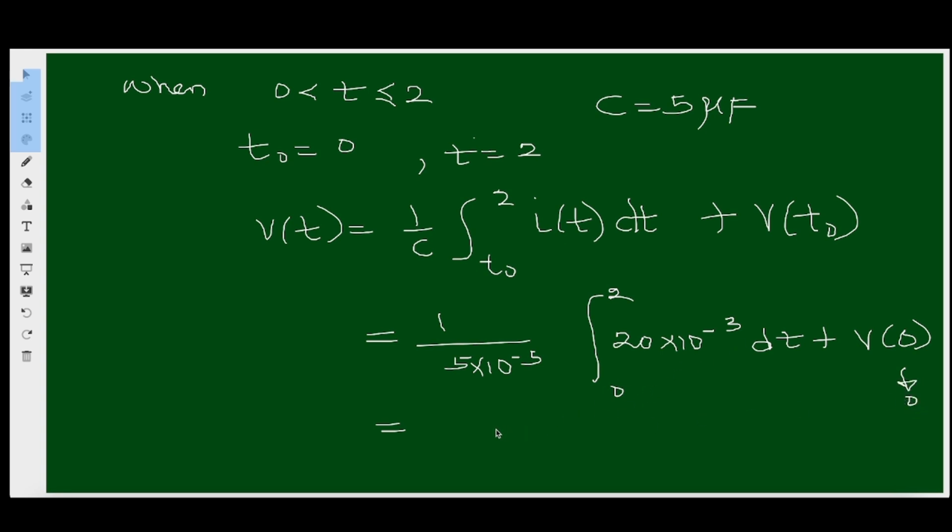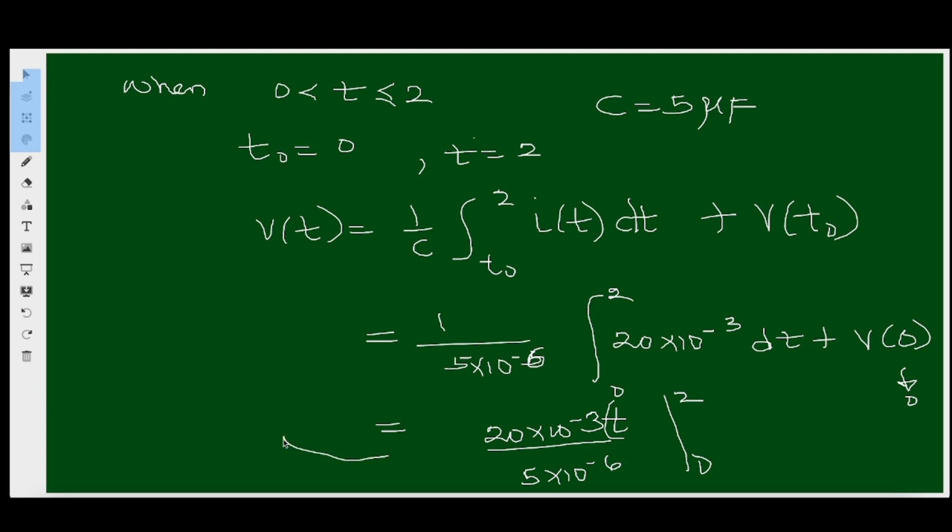So when we integrate this, we have 20 times 10 to the power minus 3 times t, over 5 times 10 raised to the power minus 6, from 0 to 2.